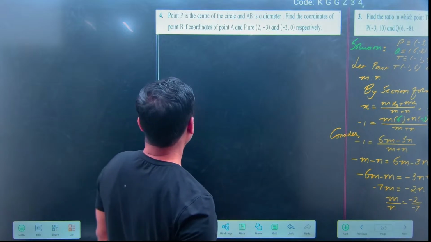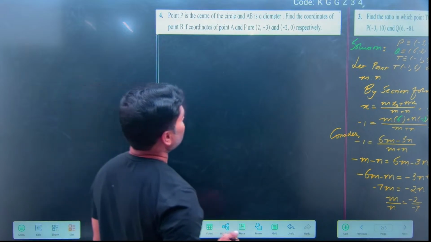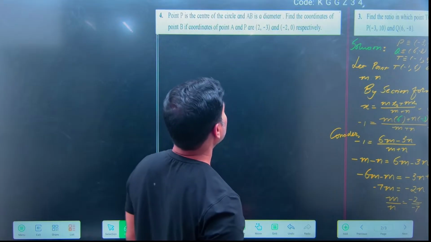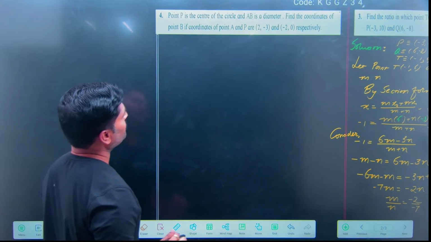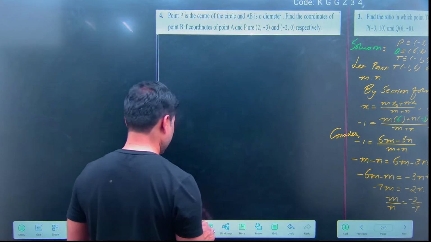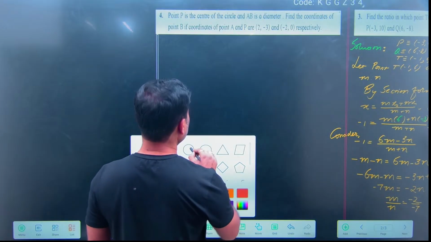So again, P is the center of circle and AB is the diameter. We have to find the coordinate of point B. Again the diagram is not needed, but still we can go with this circle.